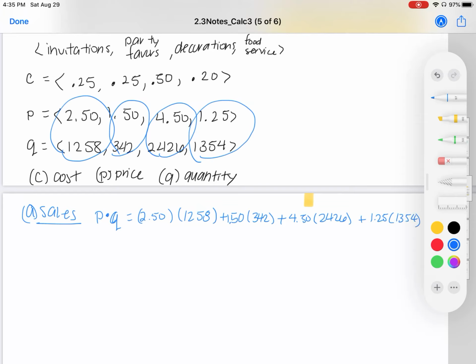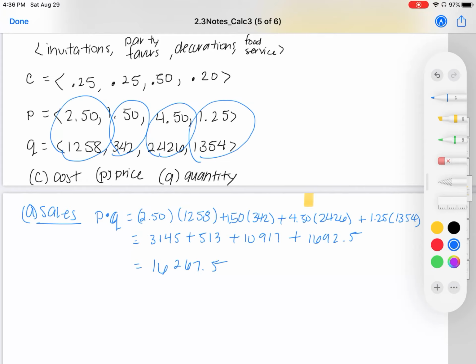We perform the dot product and get 3,125, 513, 10,917, and 1,692.5. And we know that in sales we made $16,267.5.